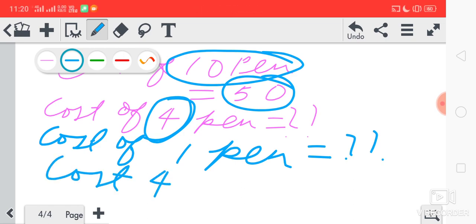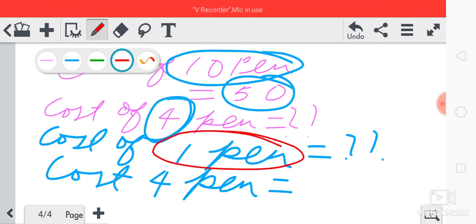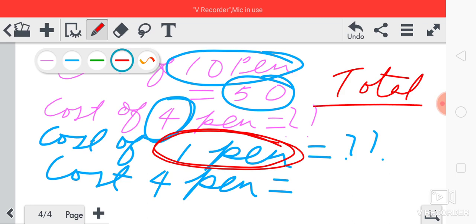Cost of 4 pens will be cost of 1 pen into 4, but we don't know the cost of 1 pen. So first of all we have to find the cost of 1 pen. How will we find it? What did I tell you, that always divide total cost by number of quantity.